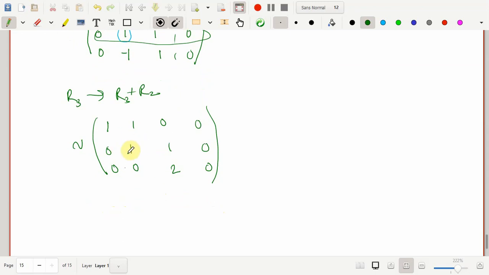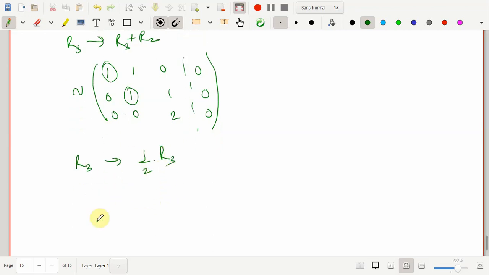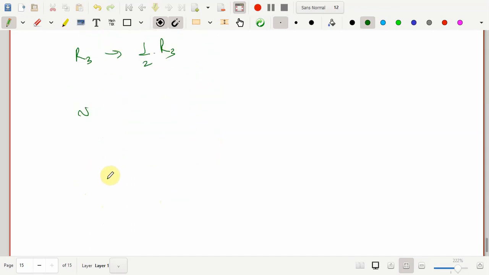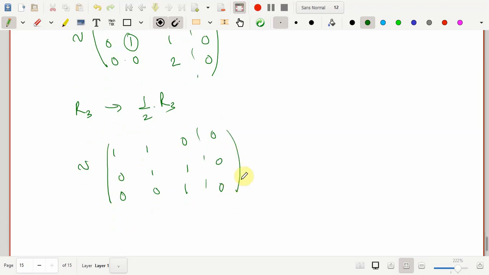Now this has to be converted into the leading 1 by a simple elementary operation of multiplying a row by a scalar. So R3 gets converted to 1 by 2 into R3, and so the given matrix is equivalent to 1 1 0 0, 0 1 1 0, 0 0 1, and this remains as it is.